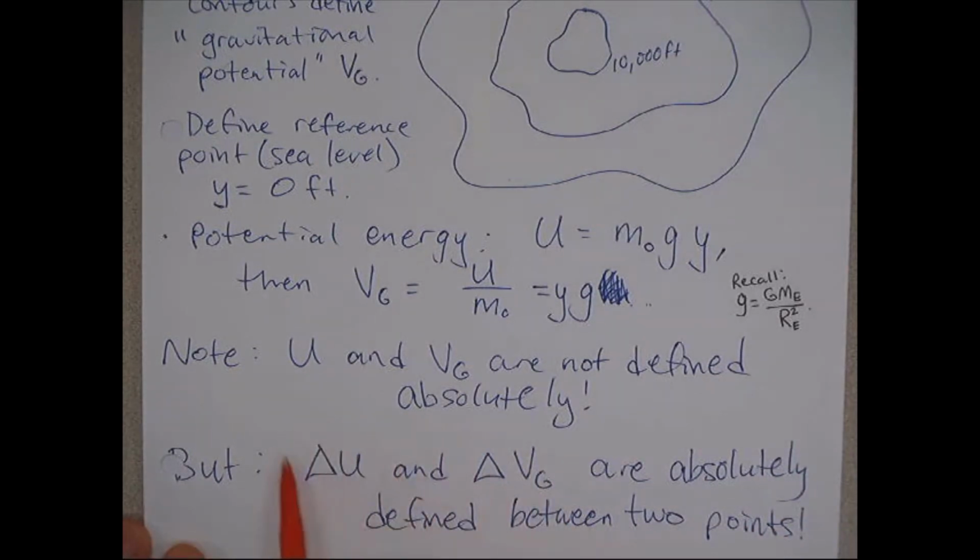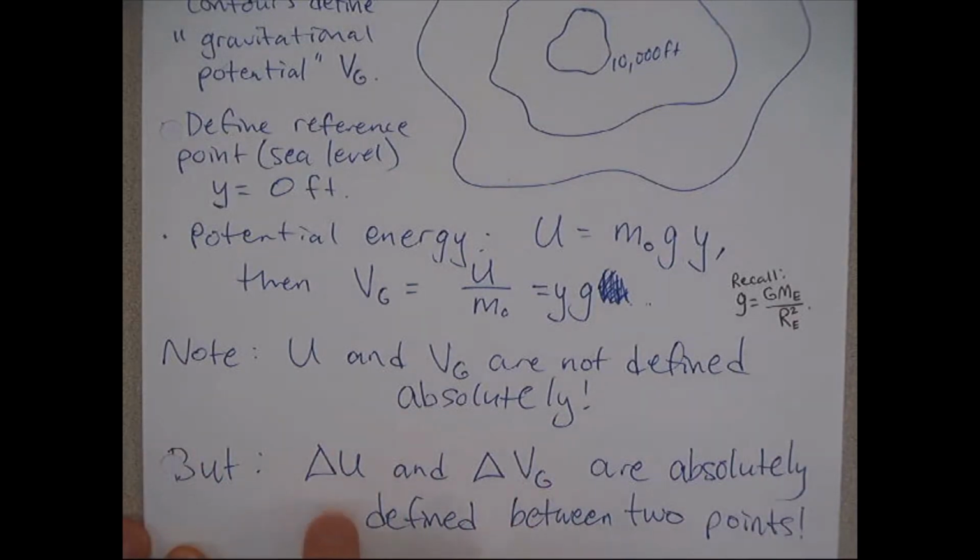And it is these changes, when you think back to the work-energy relationship, which will determine changes in kinetic energy. Your delta U will be the negative of delta K.